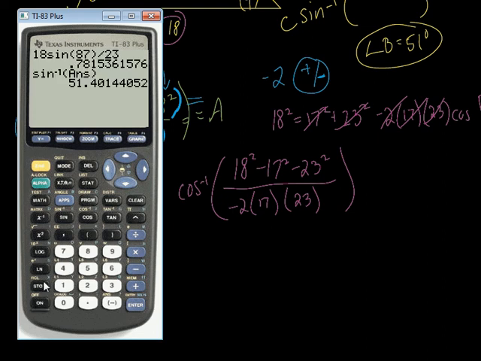Let's plug all this stuff in and see what we get. I like to use parentheses here. So I'm going to go left parentheses, and I'm going to go 18 squared, minus 23 squared, close the parentheses, divided by another parentheses, negative 2 times 17 times 23, close that parentheses, equals. Try this yourself on your calculator and see if you get the same answer. The more practice, the better you get at it. So don't just sit there and watch me do it. You should be doing this yourself.